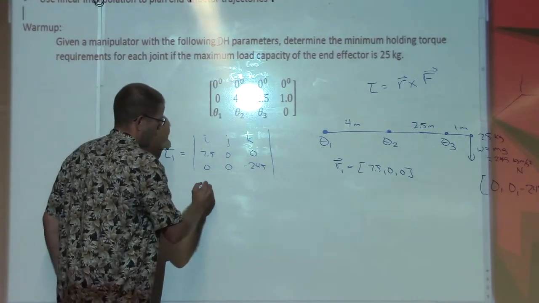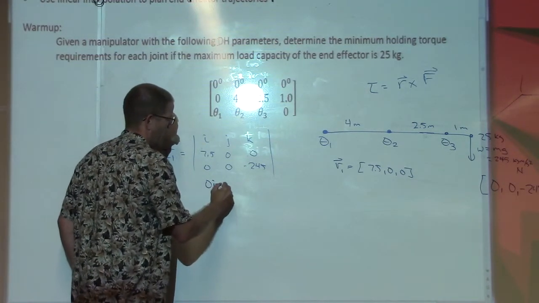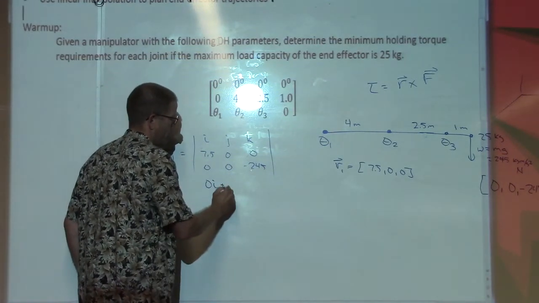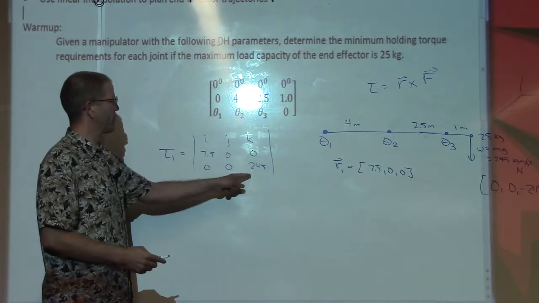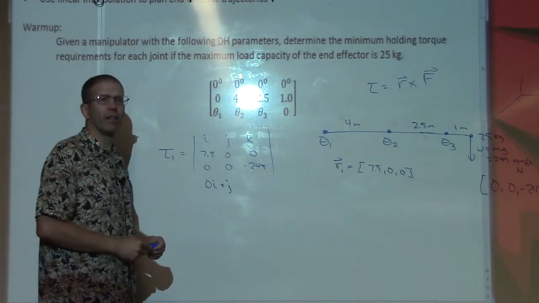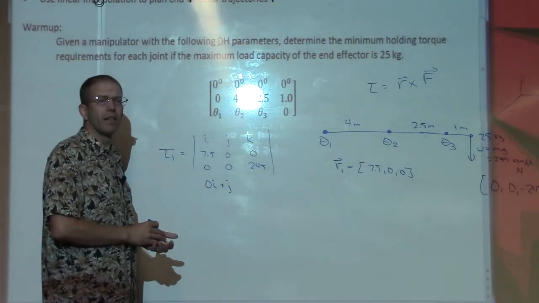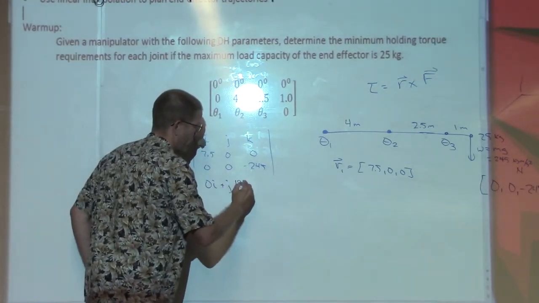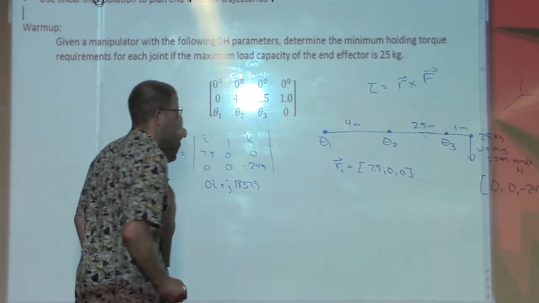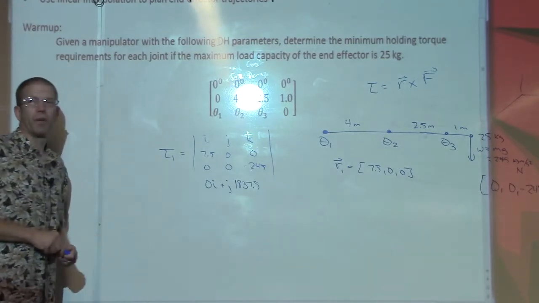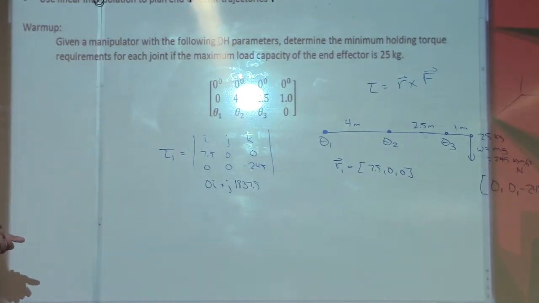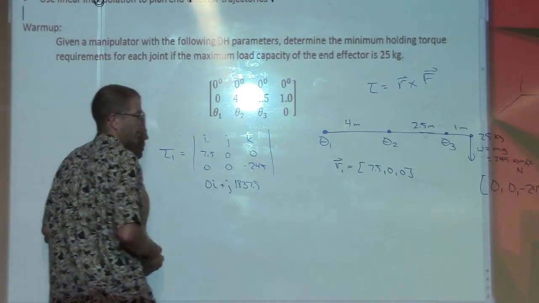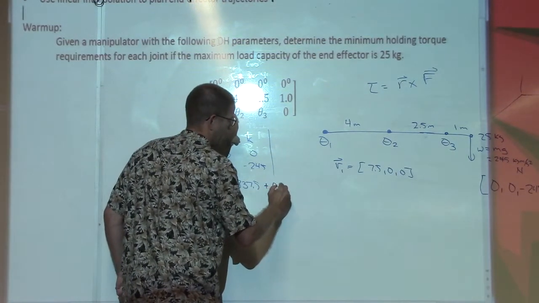So there is a 0i minus a negative, so plus a j. And what is 7.5 times 245? 1837.5. And is there a k component? No, because there's 0 and 0, so there's no k component as well.